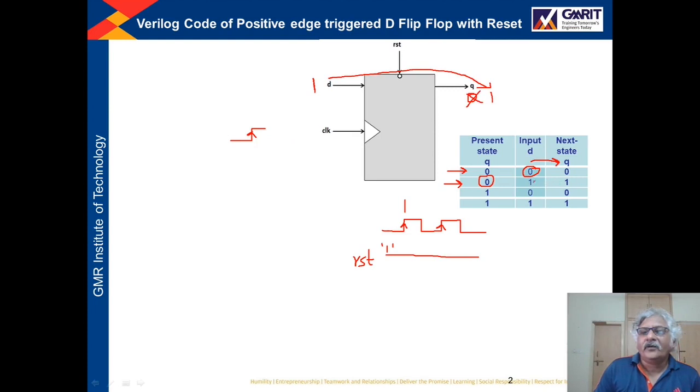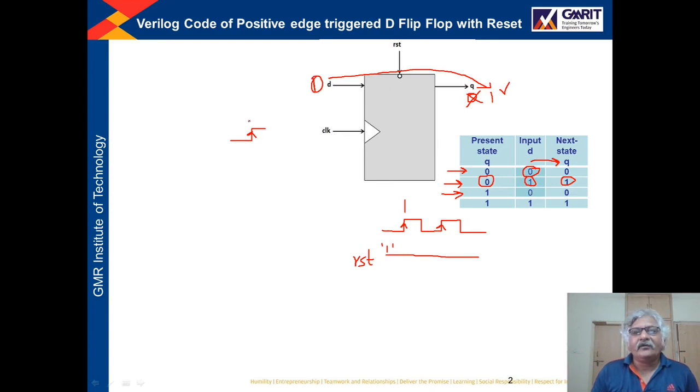Next state means after the detection of the positive edge of the clock, that is the next state. So next state will be 1. See the third row. Let us assume right now the present state is 1, means the output value of this flip-flop is 1. D input is 0. So let us assume this D input is 0.